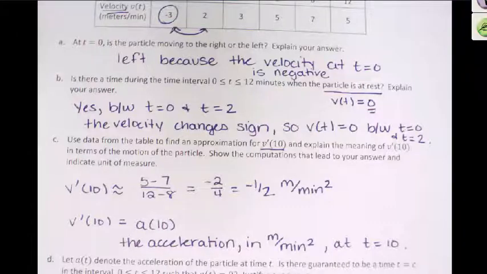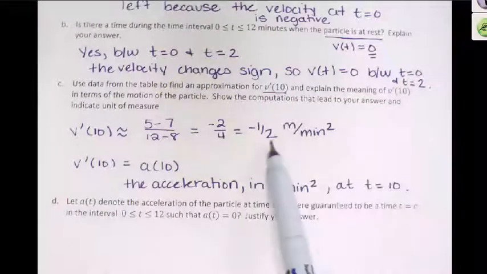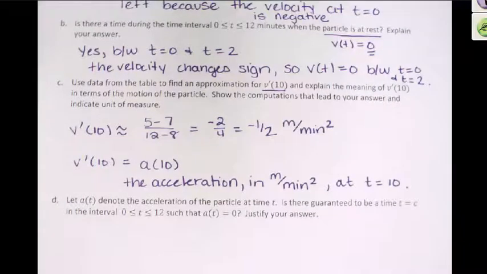So we found the slope, we gave units, and we explained what it meant in terms of the motion, okay? And because it's negative, you know that the velocity is going to be decreasing at 10 minutes.